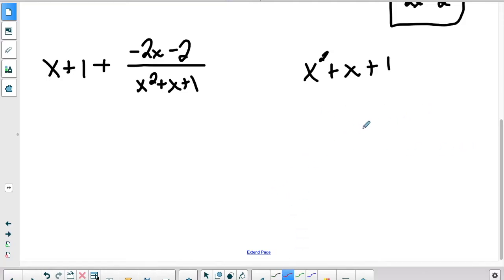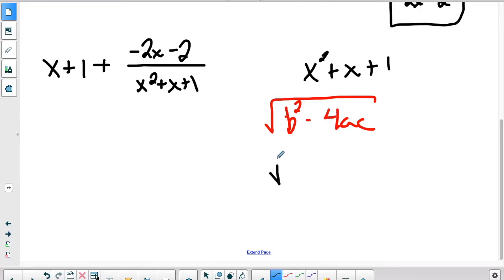Instead of going through the process of trying to factor it, I'm just going to check it with b squared minus 4ac, because if we plug this in and get a positive whole number for the square root, not a decimal, then it will factor.